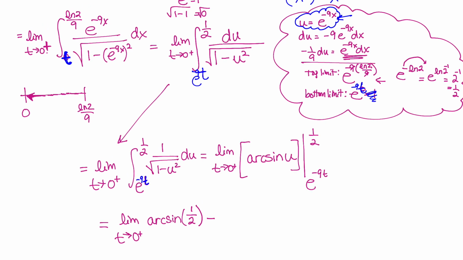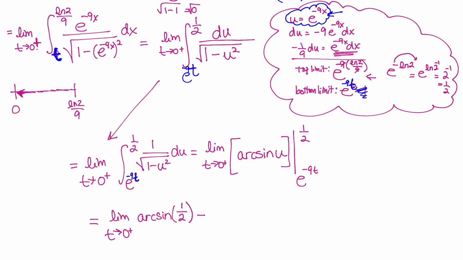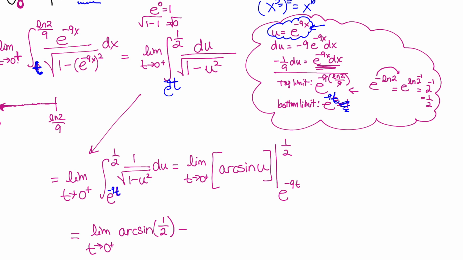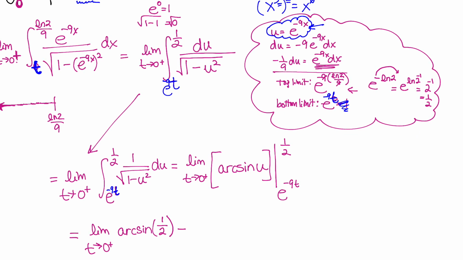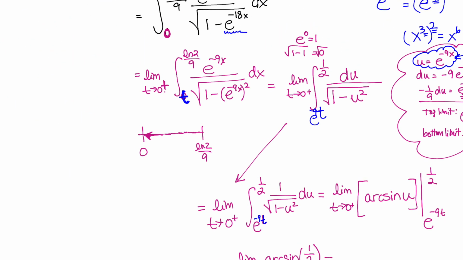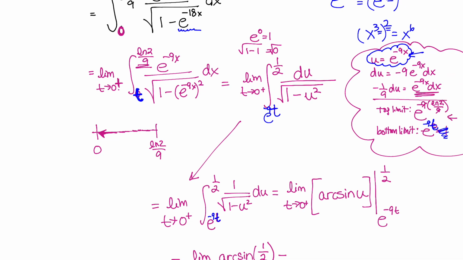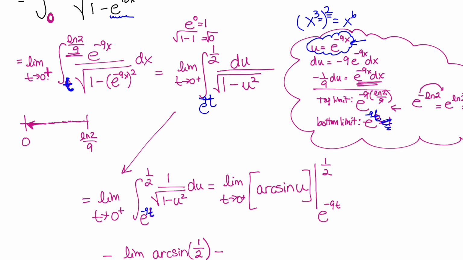minus, let me make sure I'm doing this right because I got a wrong number, but let me see. My original limit is ln of 2 over 9. I'm substituting, and I get e to the minus 9 times the natural log of 2 over 9.